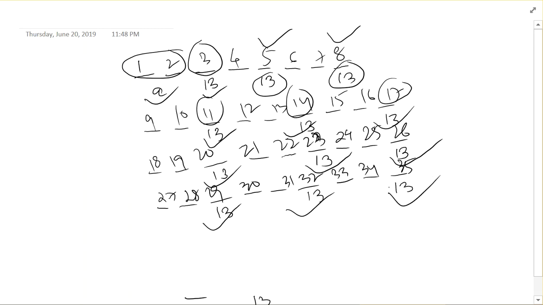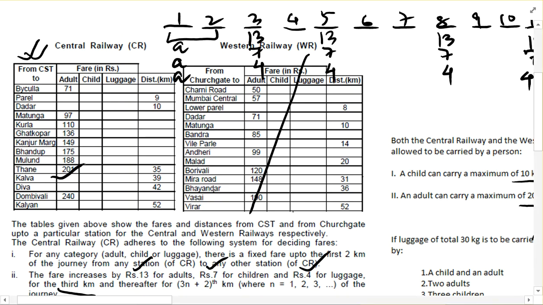That is 12 times 13, which is 156, plus A. And what was the fare? It was 201. So 156 plus A is 201. So A, the base fare, is 45 rupees, for the first and second kilometers.